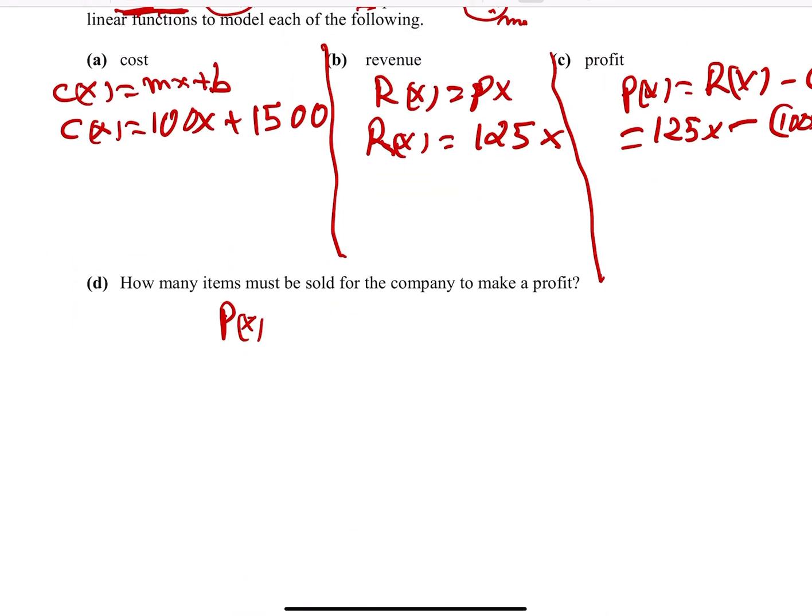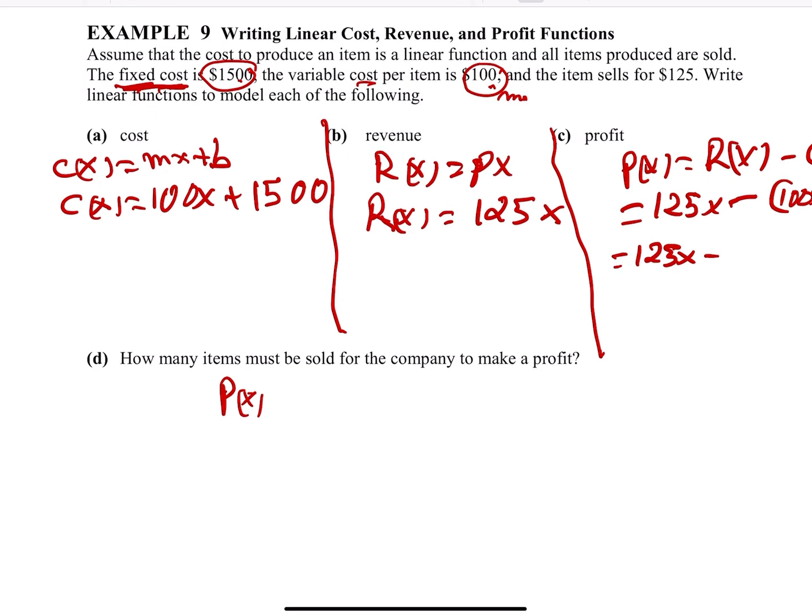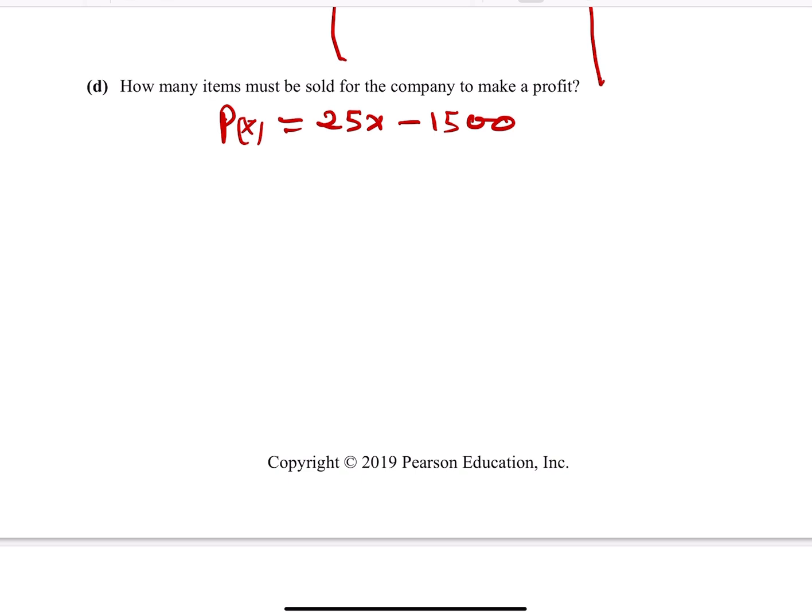You have 125x minus 100x minus 1,500. So then this one is just 25x minus 1,500. Okay, that's all I want. So now we have this one.